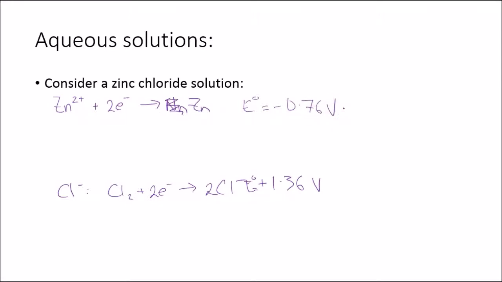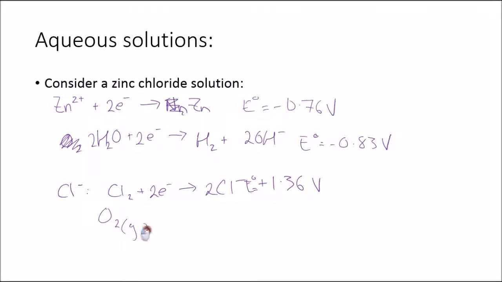Okay, so then we've got to think about what's going on with water. So we have the reduction of water, 2H2O, and then we've got the oxidation of water, which is O2.